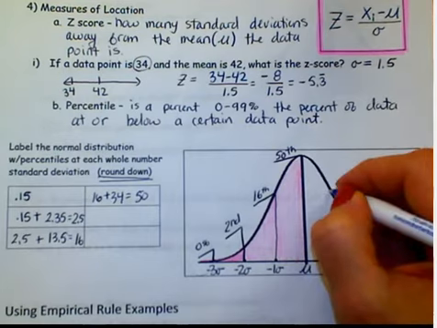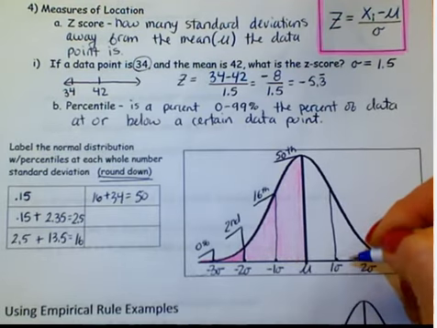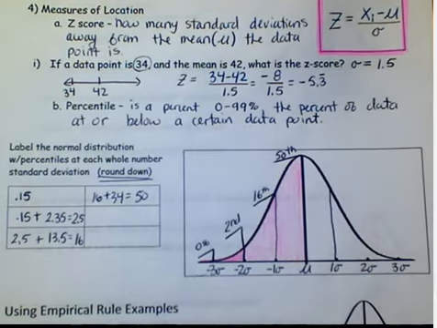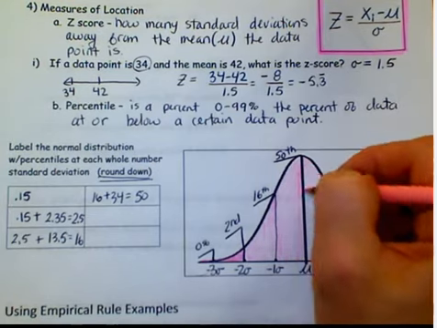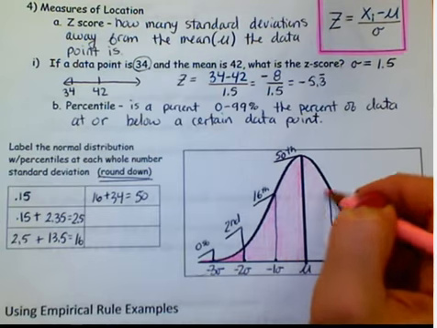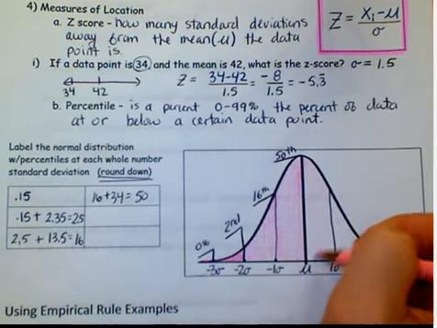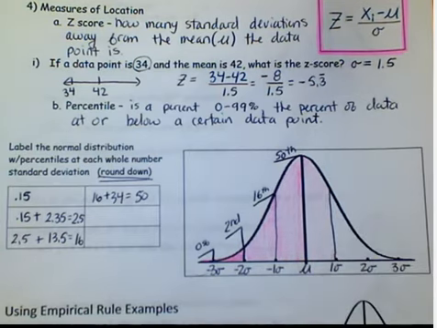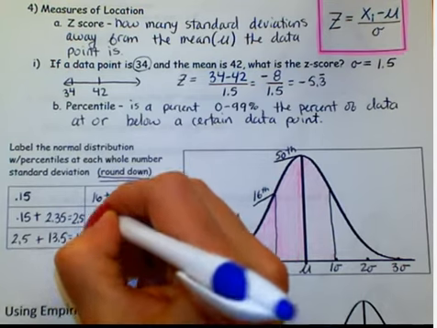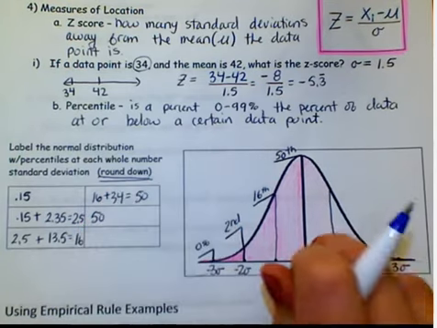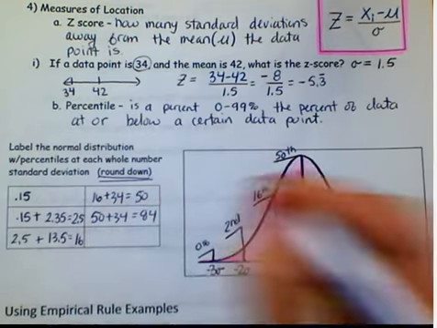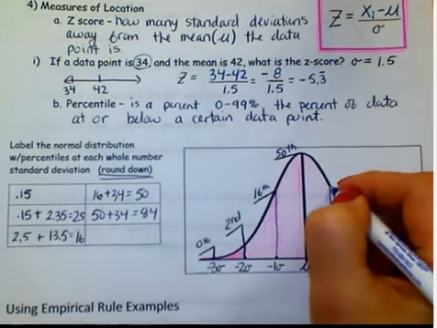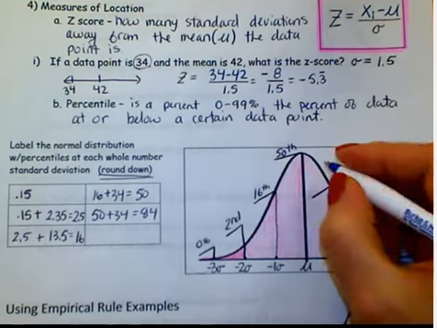So let's keep going. Okay, we've got one standard deviation above. So I've already got 50 for half of it, and the next section is 34. So that would be the 84th percentile.